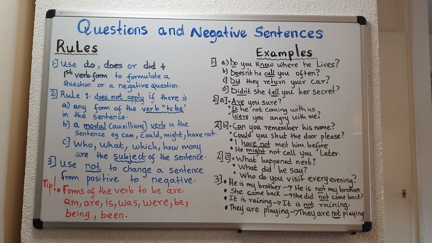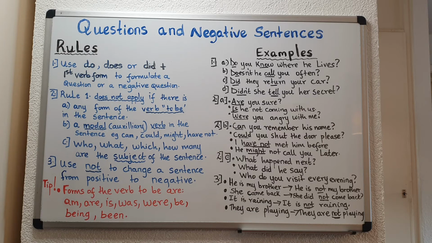So, rule number 1 does not apply if there is a modal verb in the sentence. Some examples of modal verbs are can, could, might, and have to. So, let us look at the examples of how to apply that rule. Look at examples 2b on the right.